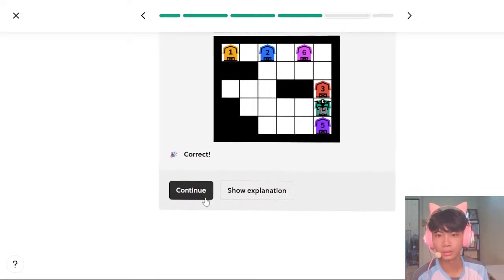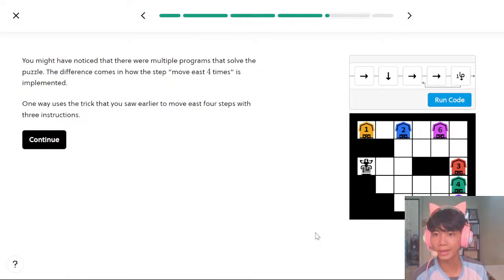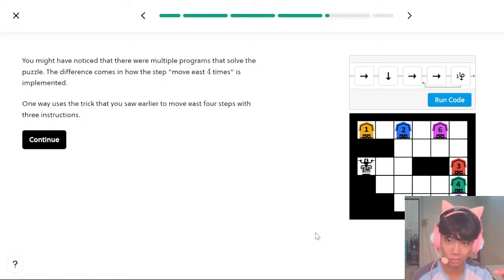It's easy. You might have noticed that there were multiple programs that solved the puzzle. The difference comes in how the step move 4 times is implemented.